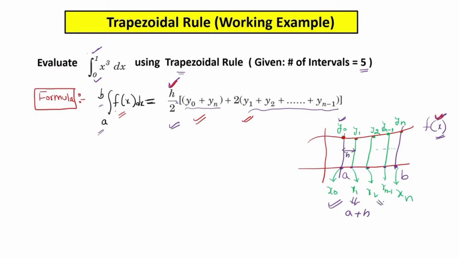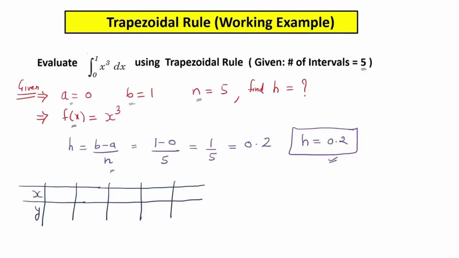Likewise, what is x2? x2 can be written as a plus h plus h, which will be a plus 2h. Likewise, the last value, xn, can be written as a plus n into h. This way we will find the values of the various x, and then we can easily find the values of y0 to yn.